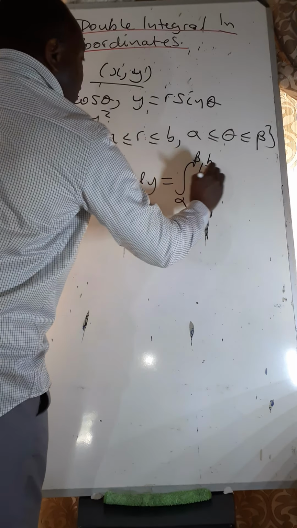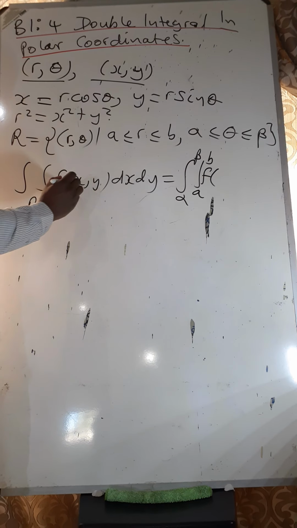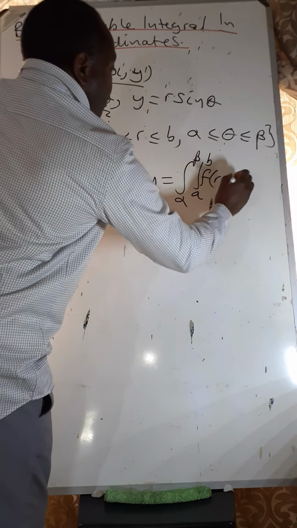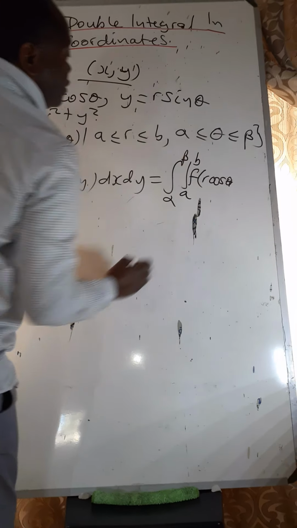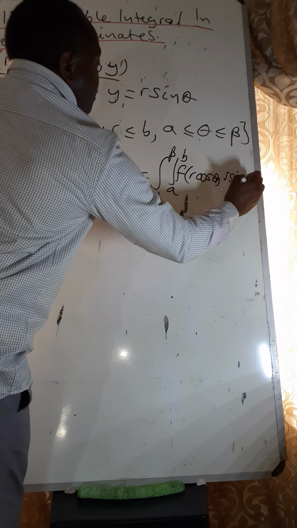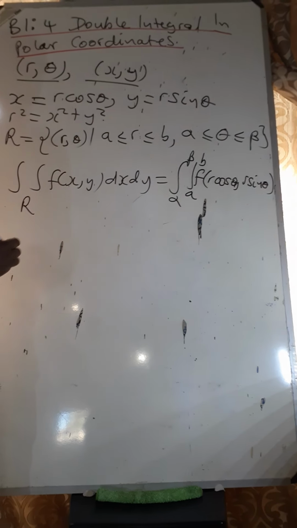Then everything now becomes, instead of x, we put r cos theta, then r sin theta in brackets.